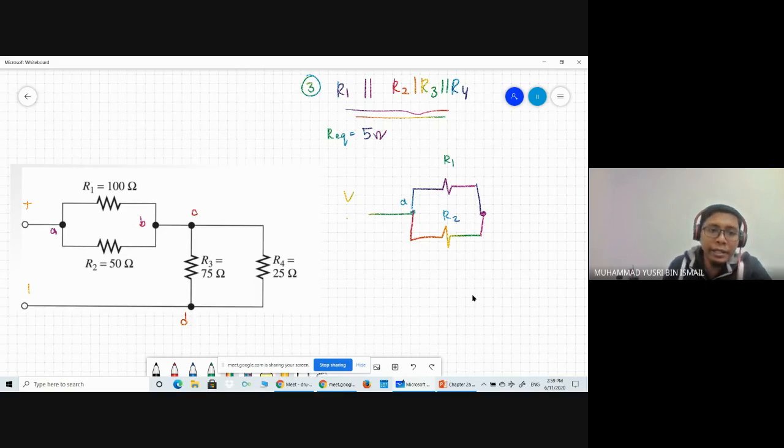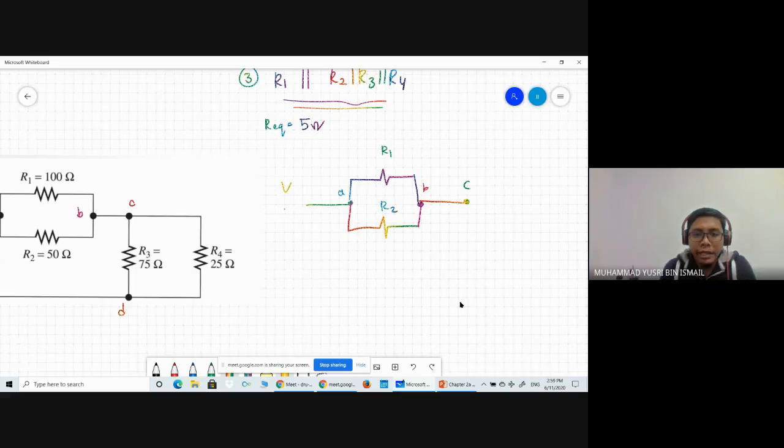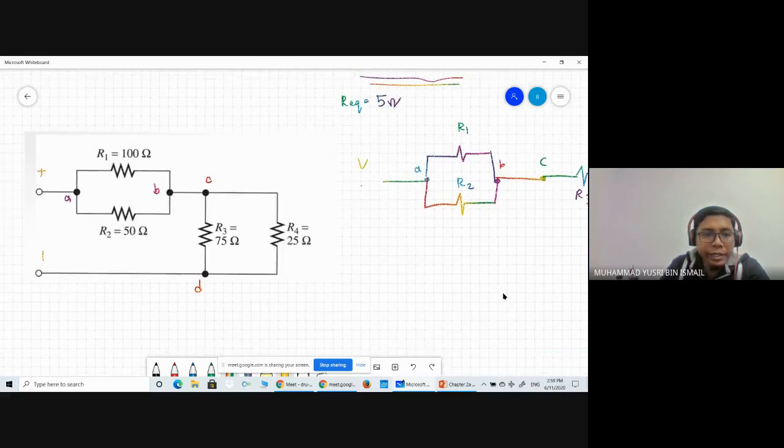Then it combines to one node, which is node B, and then the current will flow to node C. There is no element in between node B and C, and then the current flows to node D. However, in between node C and D, there is one element of R3. Then go to node D.